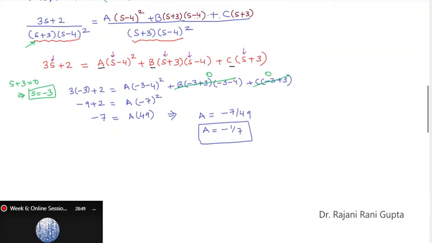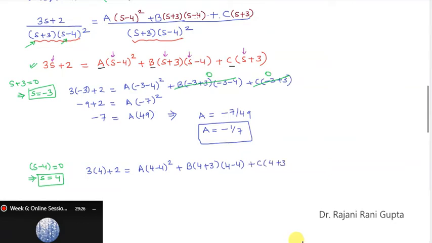Now we work for the second value of s. S minus 4 equals 0, which gives you s is equal to 4. So again replace this value of s in this equation. We will get 3 times 4 plus 2 equals A times (4 minus 4) power 2, plus B times (4 plus 3)(4 minus 4), plus C times (4 plus 3).